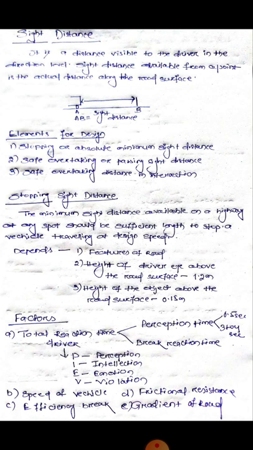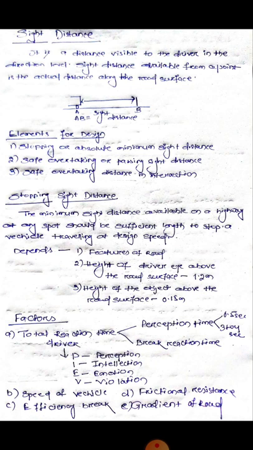Perception time includes the reaction time of the driver, which is 0.5 second in normal condition and 3 to 4 seconds in complex condition. Brake reaction time is the time when we apply the brake to stop the vehicle.